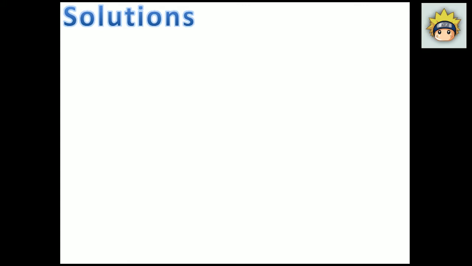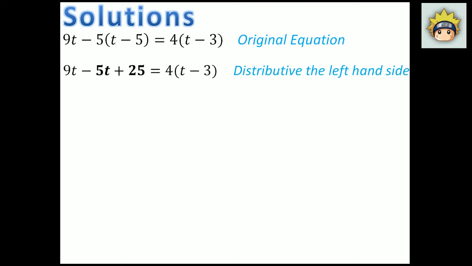Alright, so now I'm going to be covering the solution for the problem that I just asked you to attempt. First step is always to rewrite the original equation. And I'm going to distribute the left hand side. So negative 5 times t is negative 5t. Negative 5 times negative 5 is positive 25.